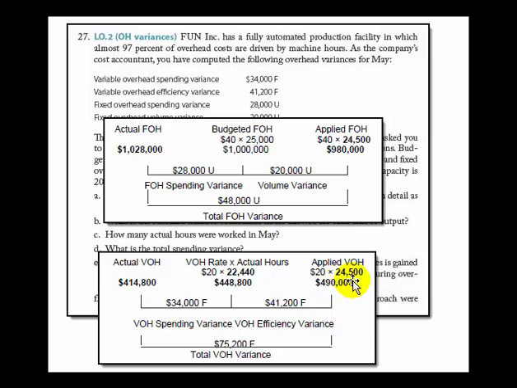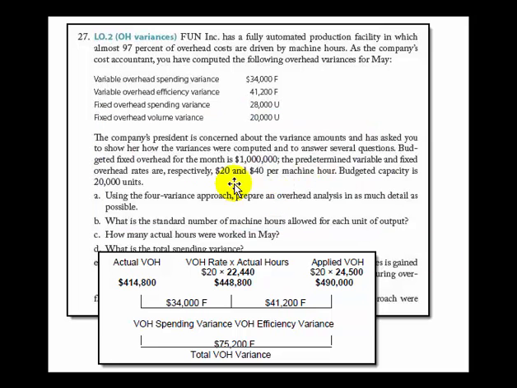We know that 24,500 was the hours applied, so we take the hours applied times 20, and the $20 is given. Let me slide this off now. Right there, $20 was how we apply it for variable overhead. So when we multiply the 20 times the 24,500 hours that we already calculated, we come up with 490,000 as the dollar amount of applied variable overhead.